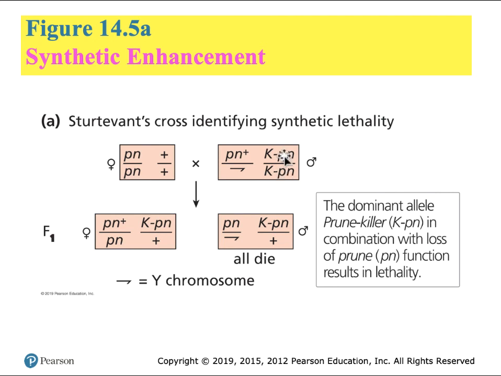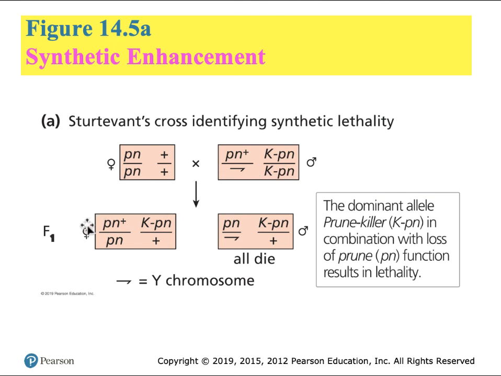So here, he has a double mutation. When these two flies are bred together, the gametes produced here will be PN plus, and there'll be two types of gametes produced here, PN plus and killer prune, and the Y chromosome and killer prune.